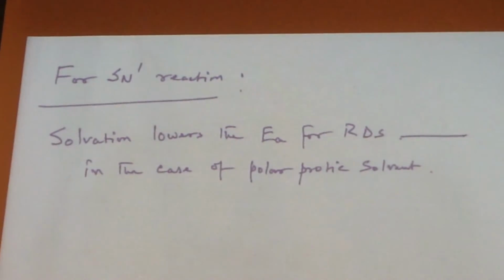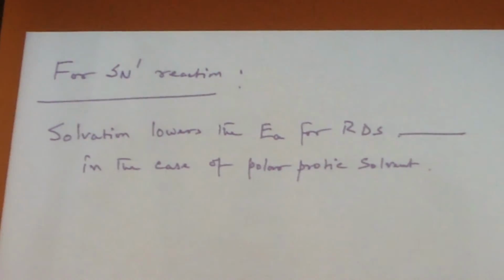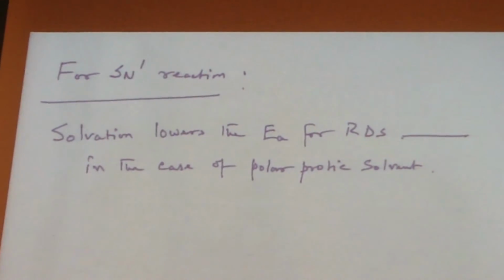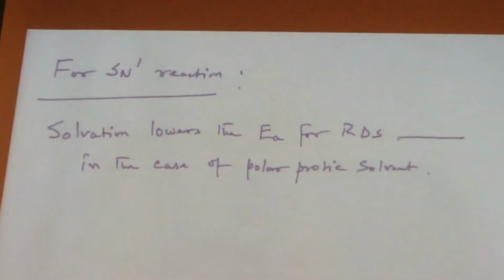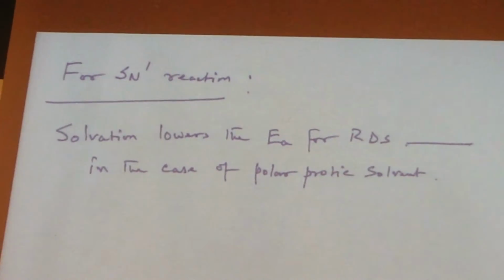If you didn't have a protic solvent, let's say the energy barrier is this much, and when you use a polar protic solvent, then it goes down, and therefore the reaction goes much faster.